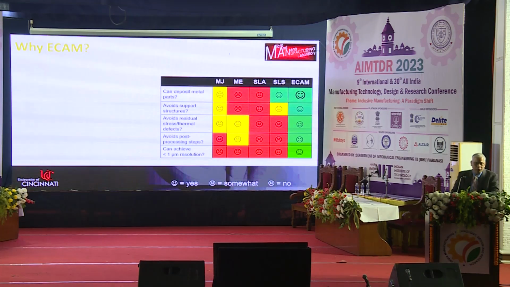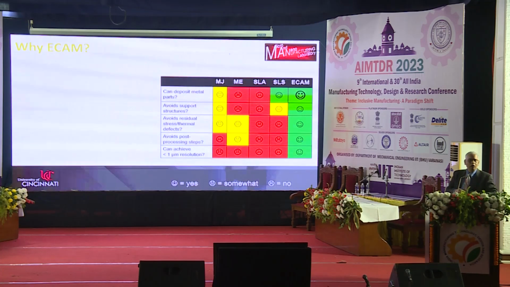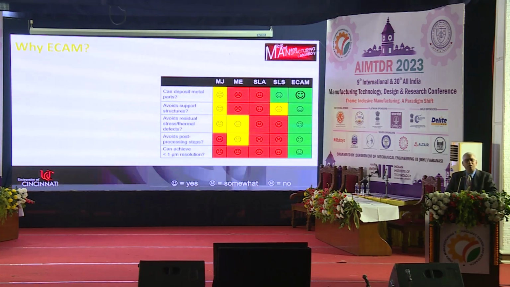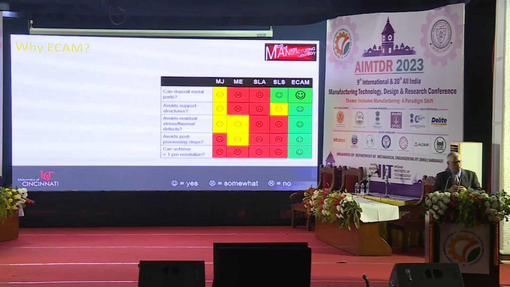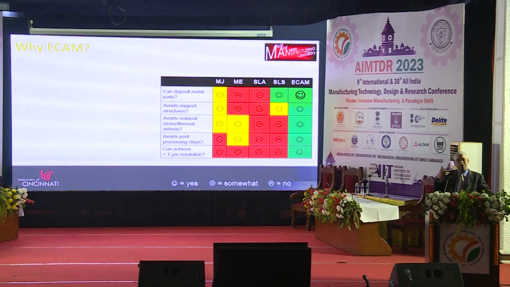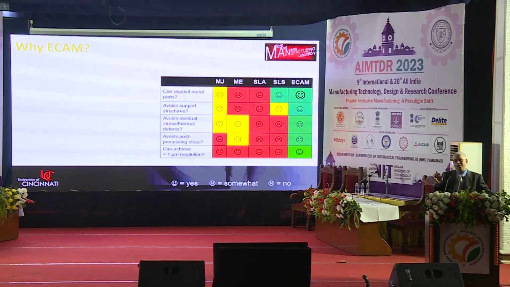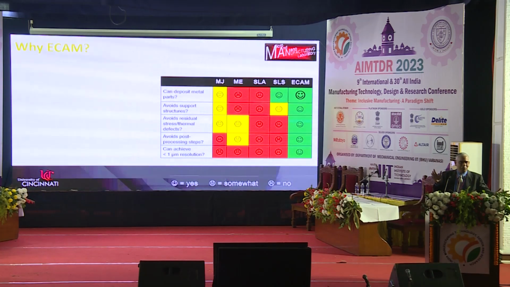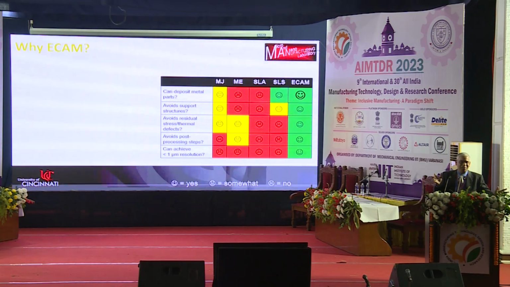Okay, so here there is a comparison to justify why there is a need for such a new additive manufacturing process. There are already so many additive processes, so why do you need yet another? So this is a comparison. If there is any expert here in additive manufacturing, please forgive me, because everyone thinks their additive manufacturing is the best, right?